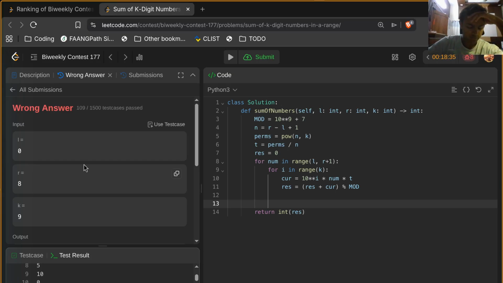Okay, so we have 9 digits, but 9 numbers as well.